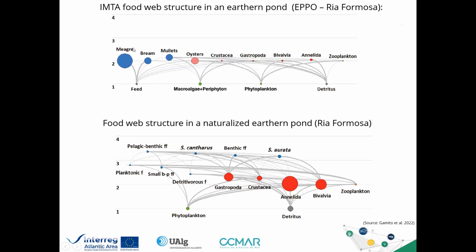Also, the biomass is concentrated in the produced species, in this case the meagre, the bream, and the mullets, and also the oysters, while in the naturalized earthen pond, it's concentrated mainly in the naturally occurring macroinvertebrates.